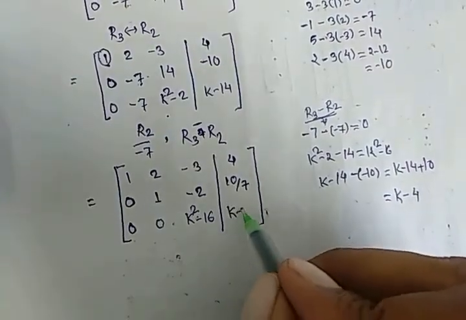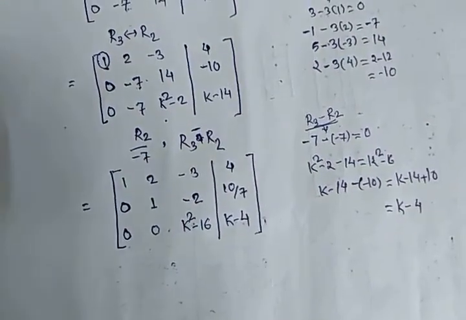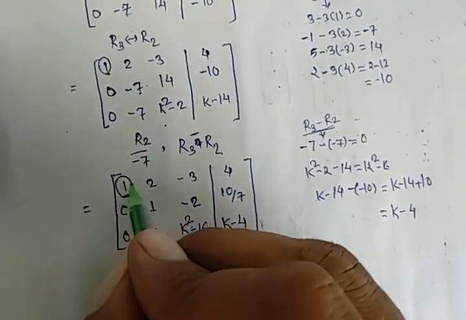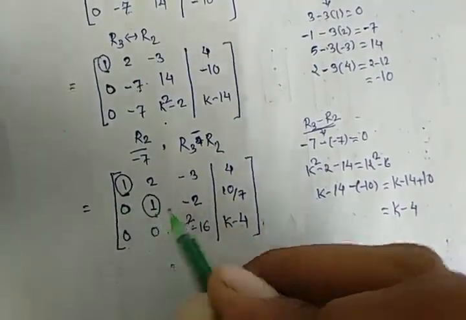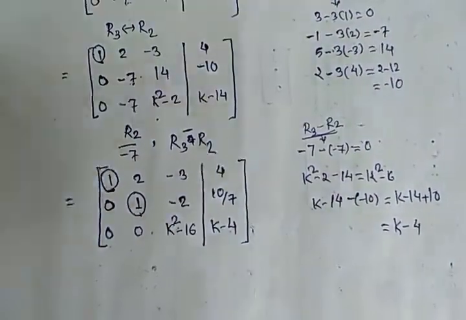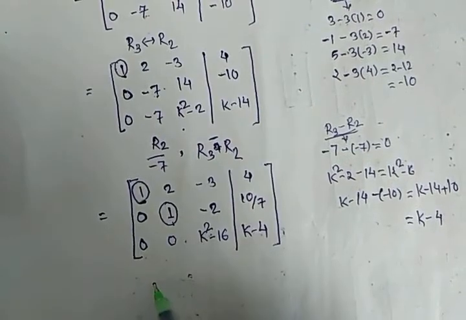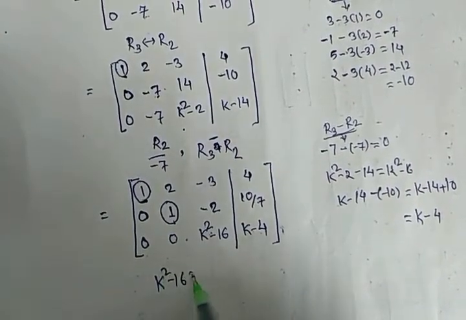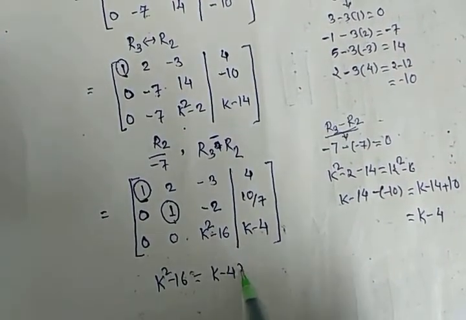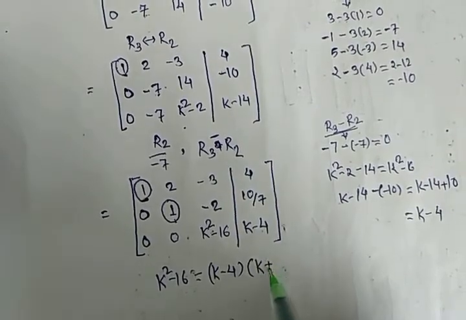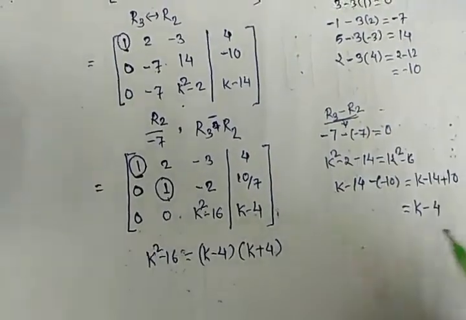Okay, which is our important step. So it is leading one, here it is leading one. Here k square minus 16 can be written as k minus 4 into k plus 4, which is an important step for us.